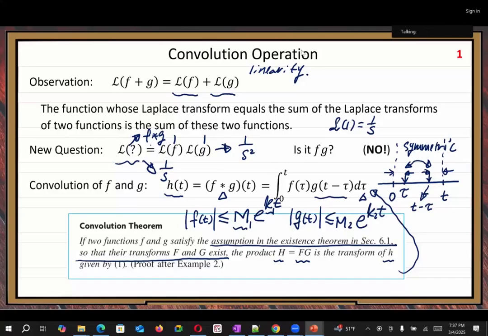We treat this as a tool, the convolution operation and its properties. It's a nice tool we can use to solve Laplace transform related questions. All right, let me show you some examples.